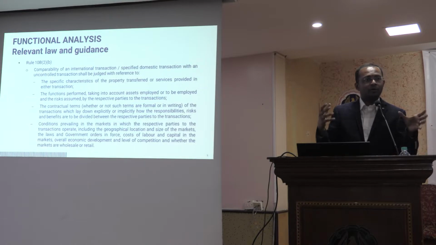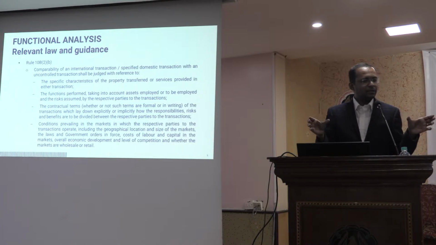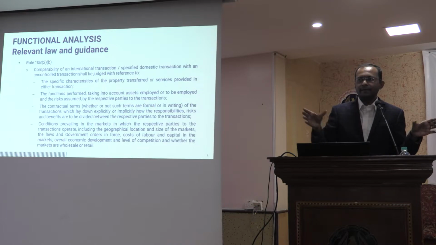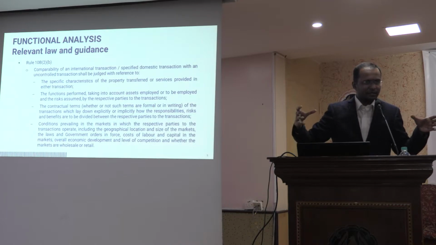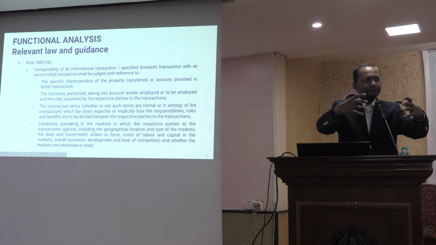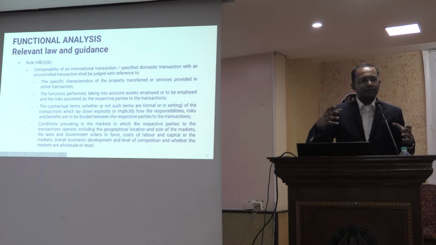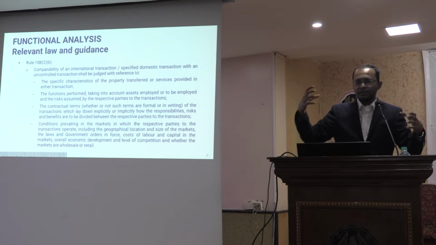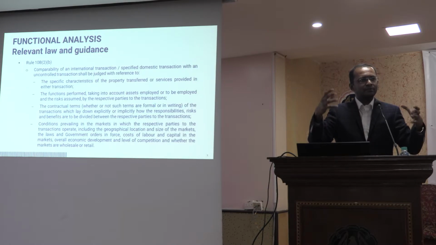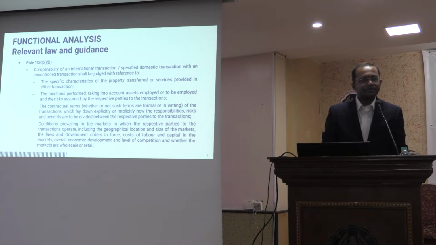First we need to understand what is our transaction, and then what is that unrelated transaction and how both of them are comparable. And then say that the margins or the results of both the transactions are similar and therefore I am at arm's length. So I compare my related party transaction with an unrelated party transaction and conclude that since both of them have similar terms or earn margins similarly, the transaction is at arm's length.